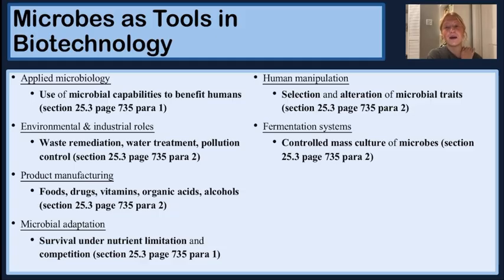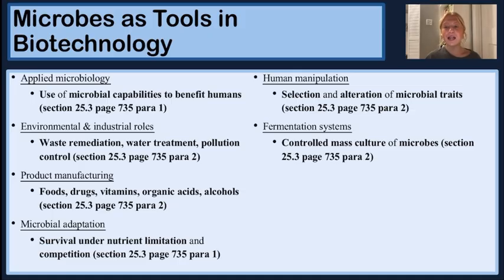And these applications work because microbes have evolved highly efficient metabolic strategies that allow them to survive when nutrients are scarce or when they're competing with other organisms. So applied and industrial microbiologists have studied these survival mechanisms, and then they manipulate them so that humans can use them.